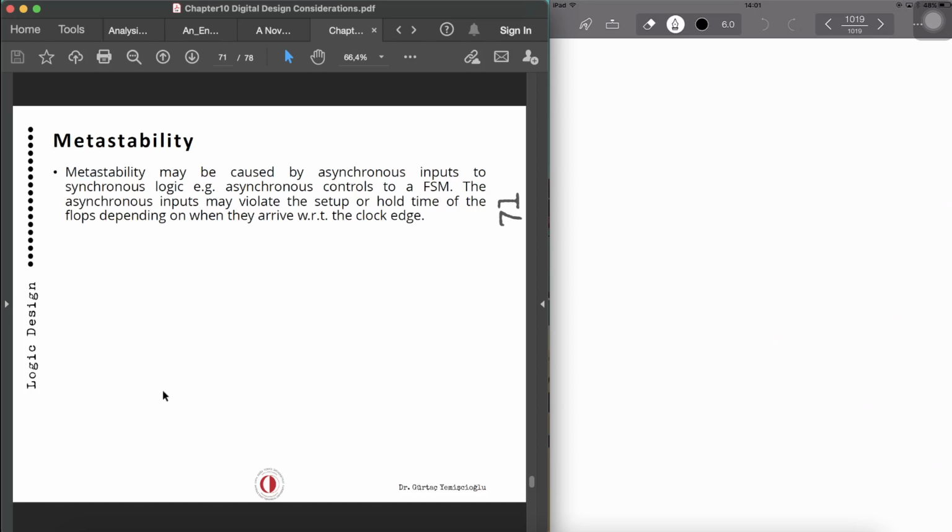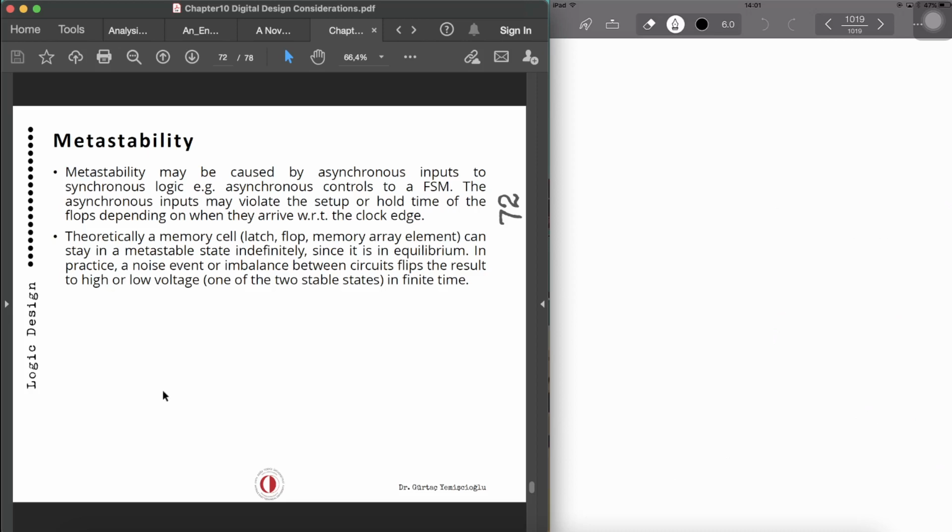So the sequential circuit might flip from one state to the other. They can violate the setup and hold times like we have seen. They might arrive earlier or later, so this will be a problem with respect to the clock edge.